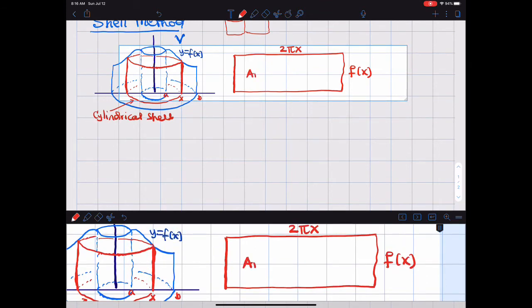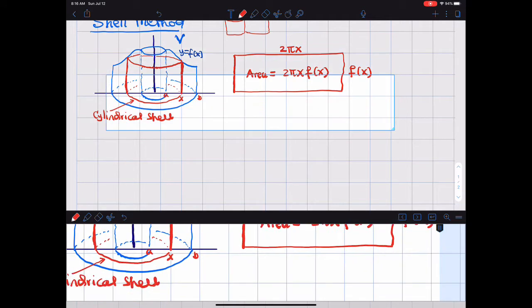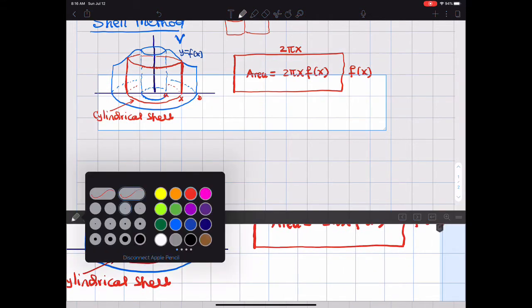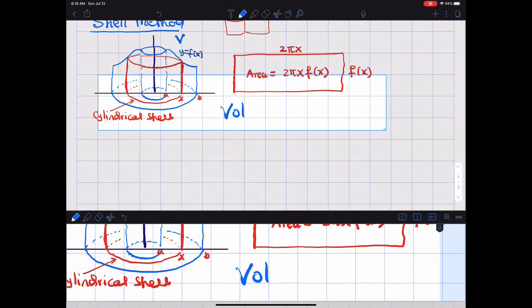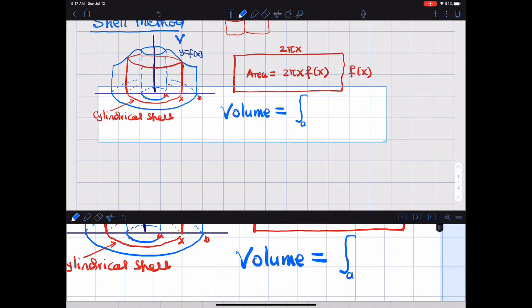Its area is quite easy: length 2 pi x times height f of x. So our volume is just going to be the integral from a to b of the area, 2 pi x f of x dx.